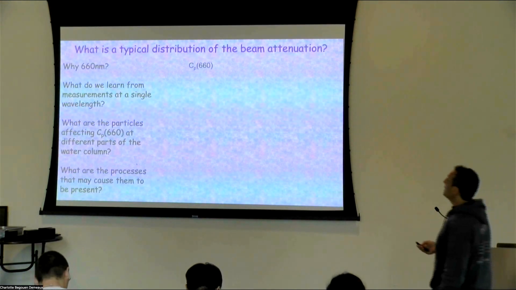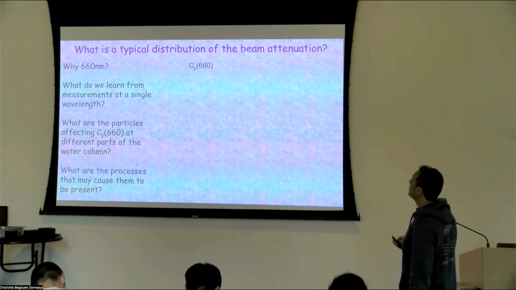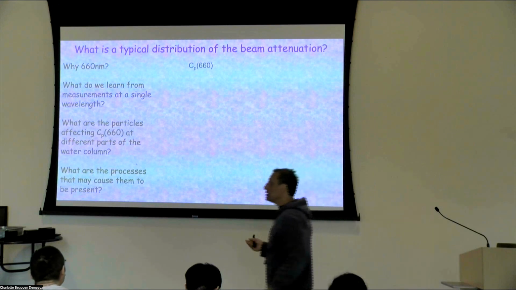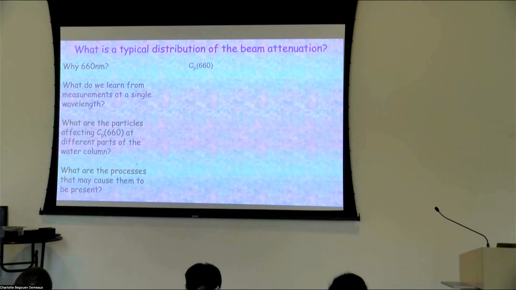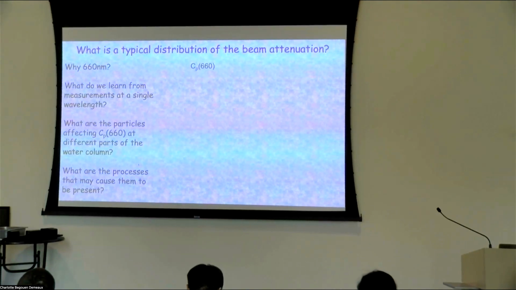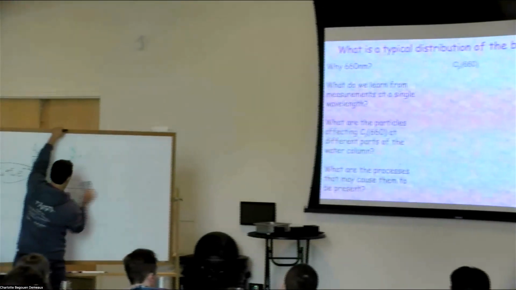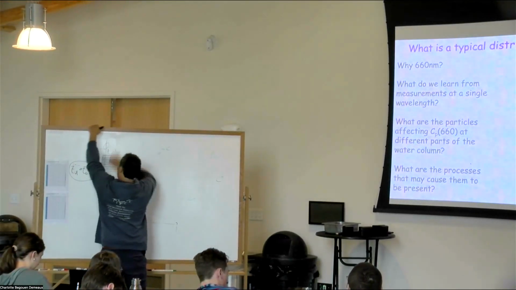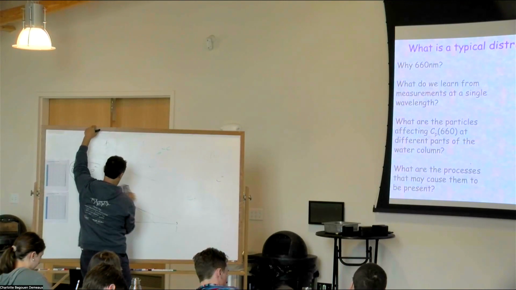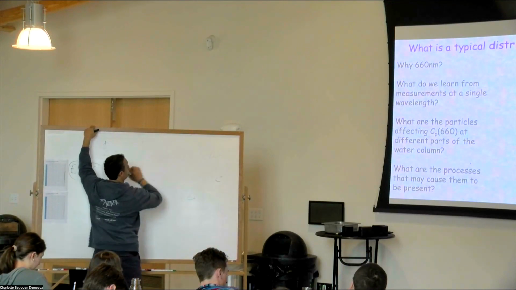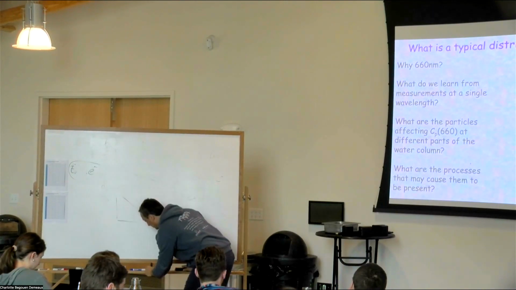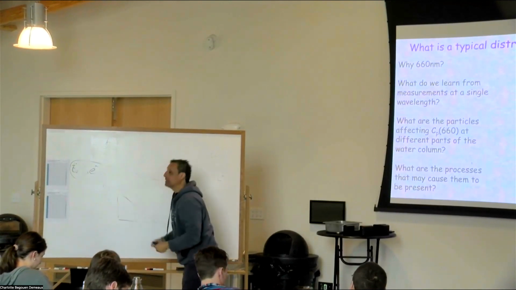So what do you think is a typical distribution of beam attenuation? What do you expect it to do? Now I'm in the ocean, I'm doing measurements. Where should I expect it to be high? Where should I expect it to be low? Again, I'm trying to build intuition as to what I should expect when I put this in the water.